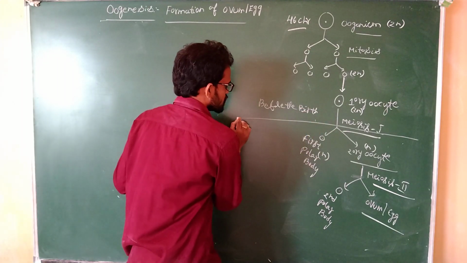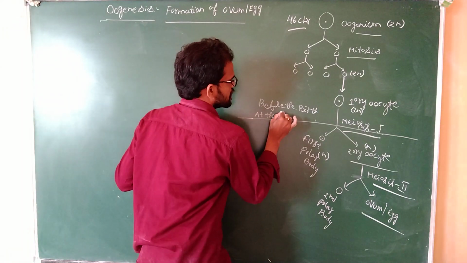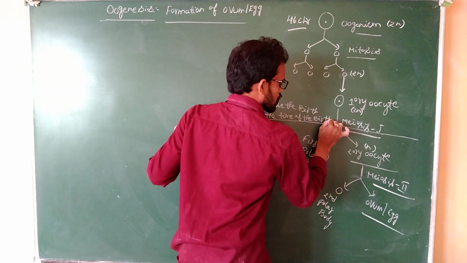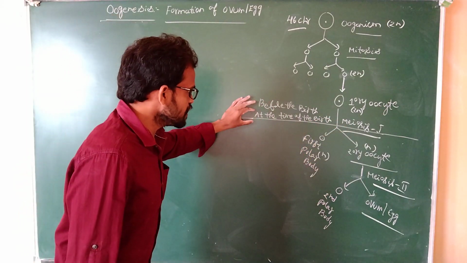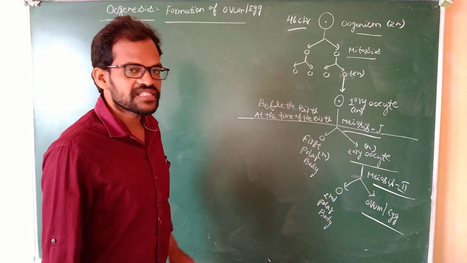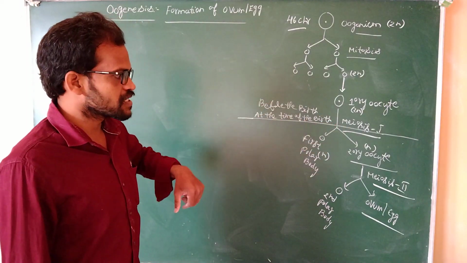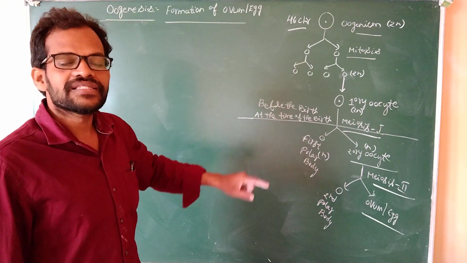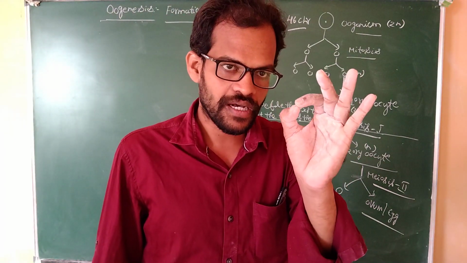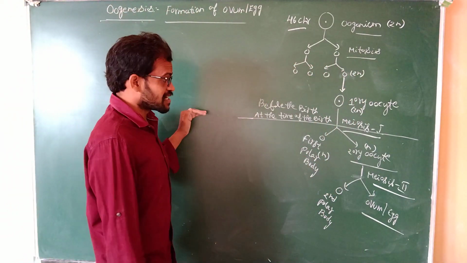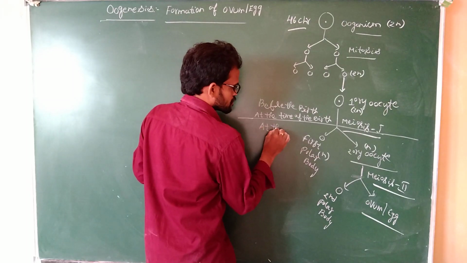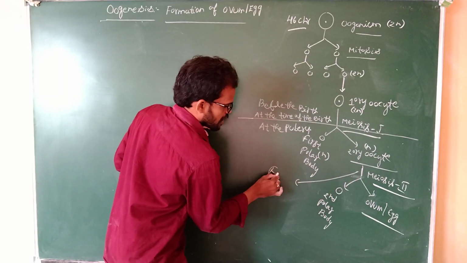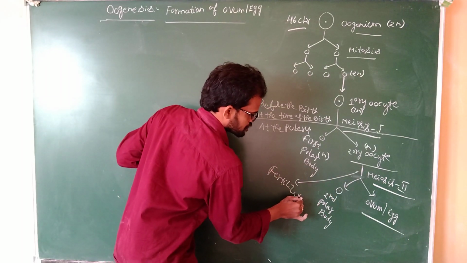At the time of the birth, the diplotene stage is stopped or arrested. Whenever these stages are arrested, at puberty, meiosis two takes place at the time of fertilization.